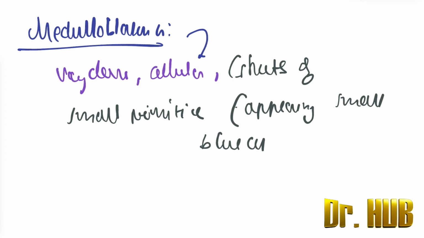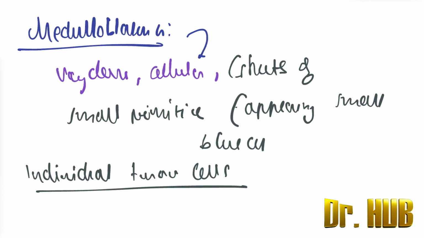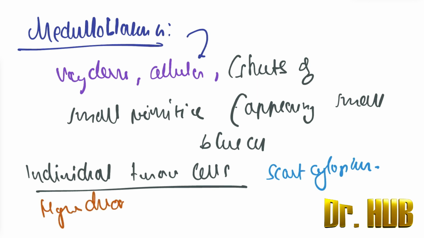Next, there are individual tumor cells. These individual tumor cells have scant cytoplasm and hyperchromatic nuclei, and the nuclei are frequently elongated or crescent shaped.